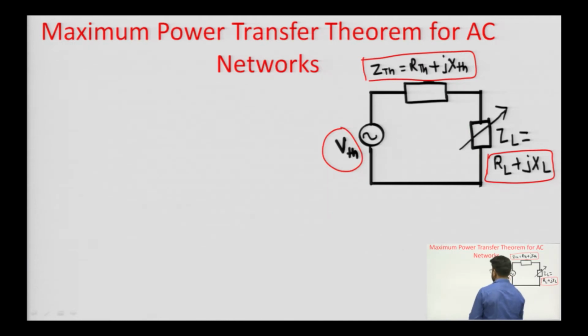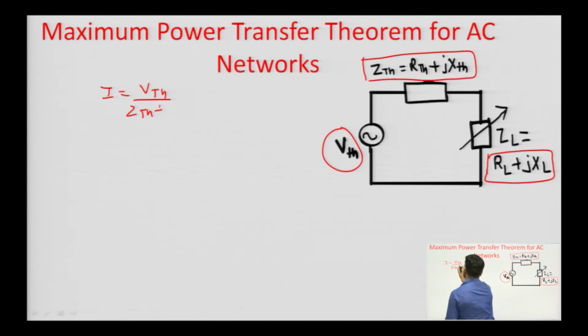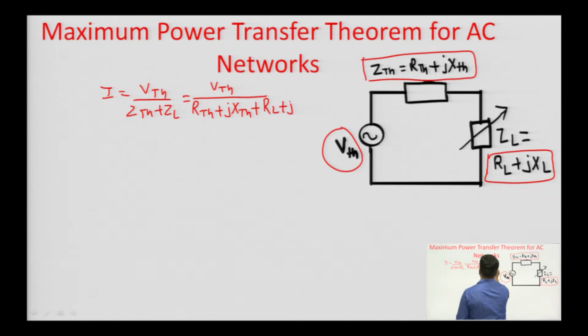So, the current that will flow in the circuit will be I equal to VTH upon ZTH plus ZL, which equals VTH over RTH plus jXTH plus RL plus jXL. So, this will be the value of current flowing in the circuit.